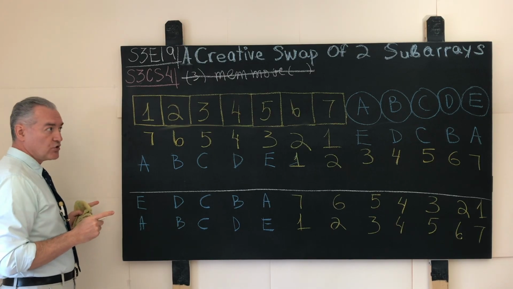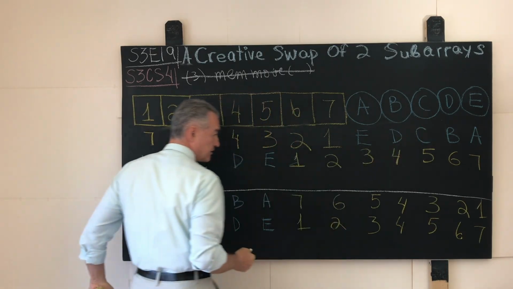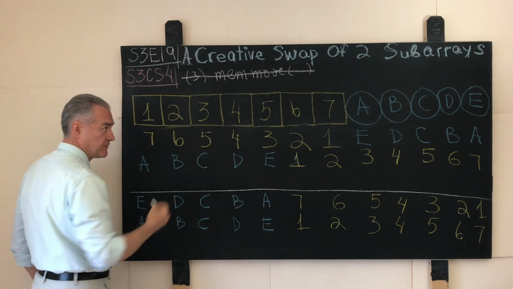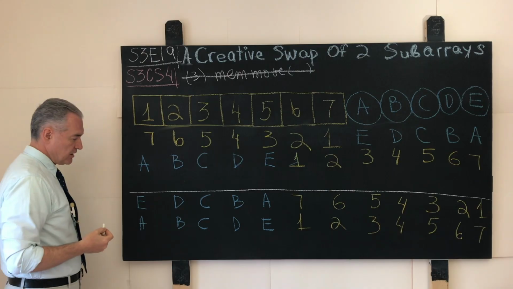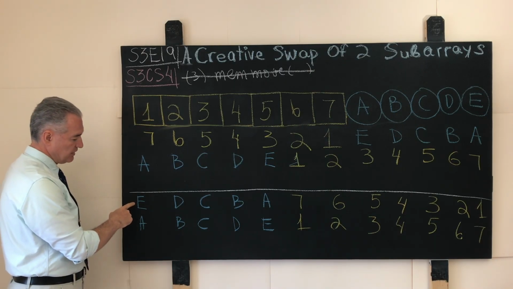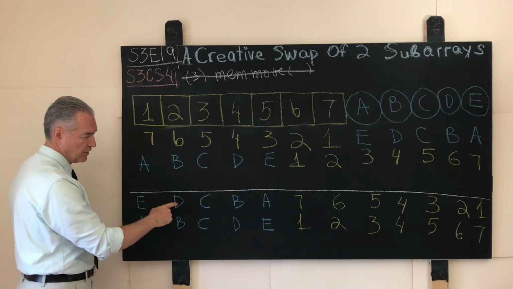First, we reverse all the elements in the entire array by trading the elements with respect to the perceived vertical axis of symmetry of that string, if you will, or that array, and then we exchange the elements, for example, E and 1, then D and 2, and so on.